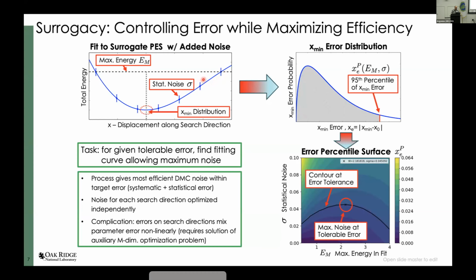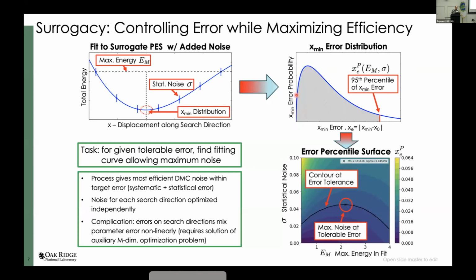And you can imagine as you took, say, a polynomial form and fit the statistical curve, each different fluctuation in the error that you get is going to create a whole distribution of minima, right? And what you want to control now is your confidence interval on how far away this distribution is from your target, to be able to control the error.